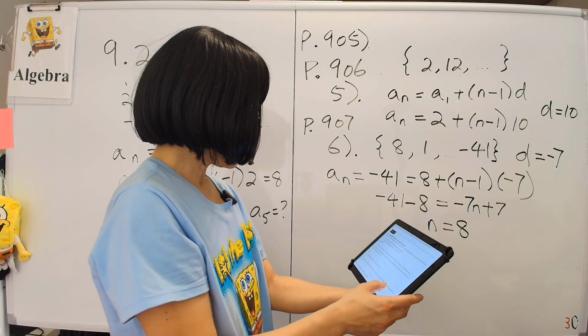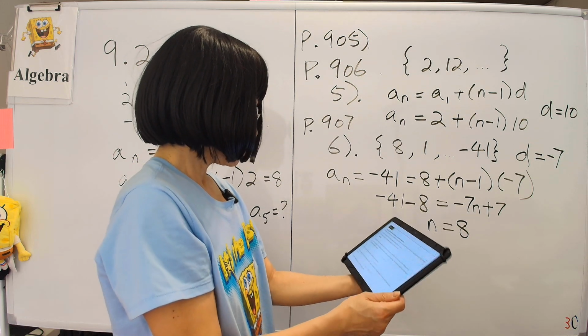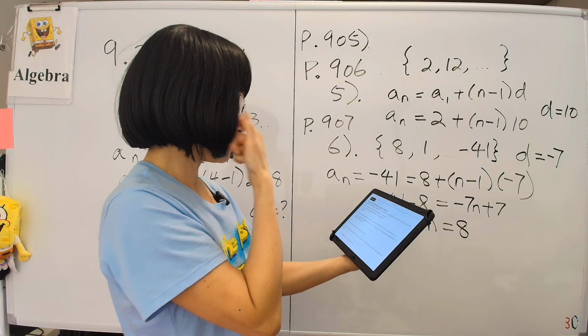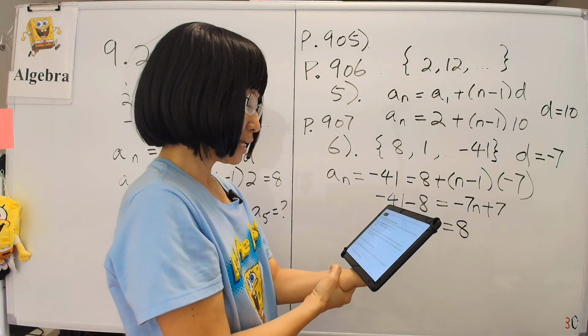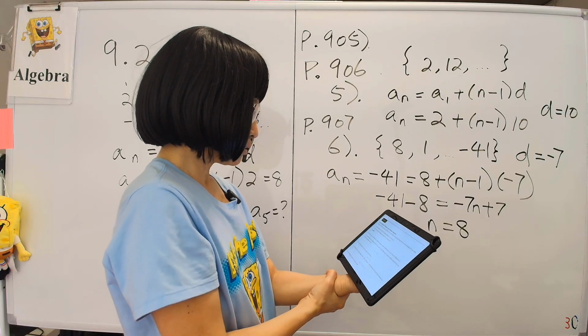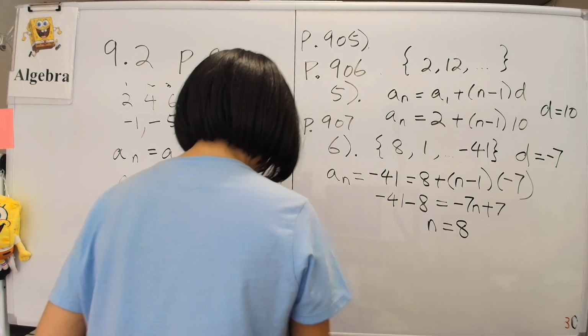And then let's look at example 7, which says a 5-year-old child receives an allowance of $1 a week, and then he has an annual increase of $2 a week. So we need to write down the formula.